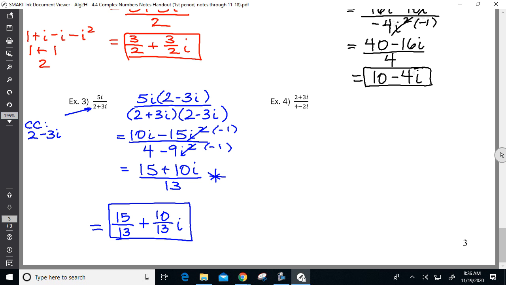So again, eventually, you're going to go to pre-calc honors. They will ding you for not simplifying a complex number. Questions before we look at example 4?